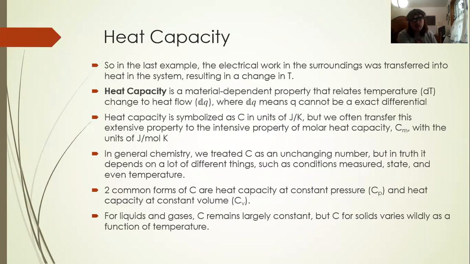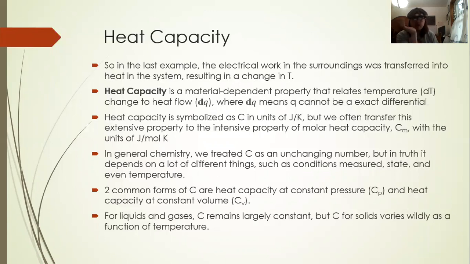So now this is a constant in joules per Kelvin per mole. If we have more moles, it's going to take more energy. If we have fewer moles, we're going to have less energy because we have to multiply the moles by our C.